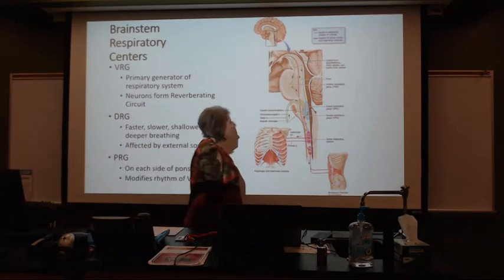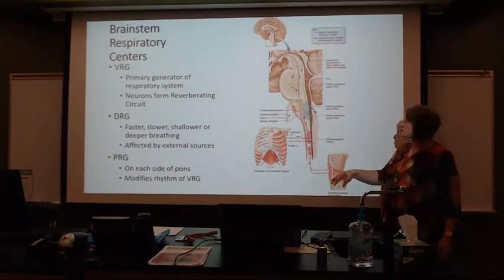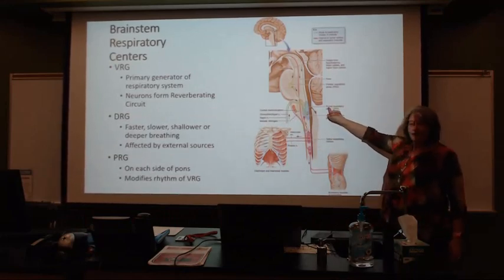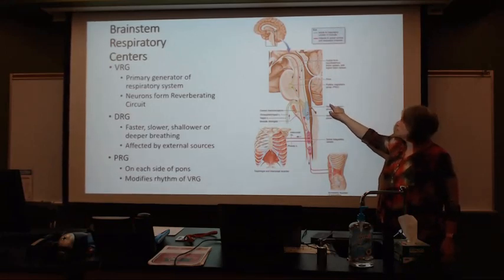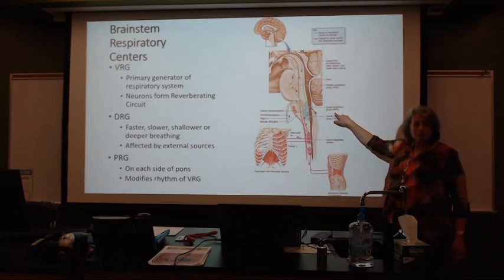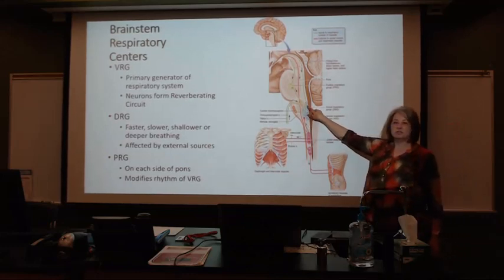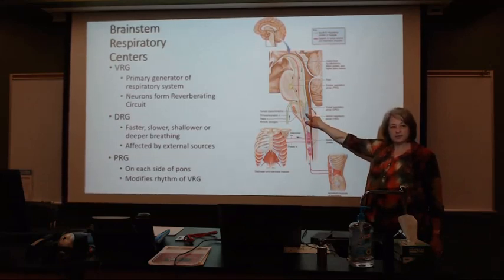If I look at this structure, I have a dorsal respiratory group. Dorsal, to the front or to the back? To the back. Note its location. It's to the dorsal side of the brain stem.